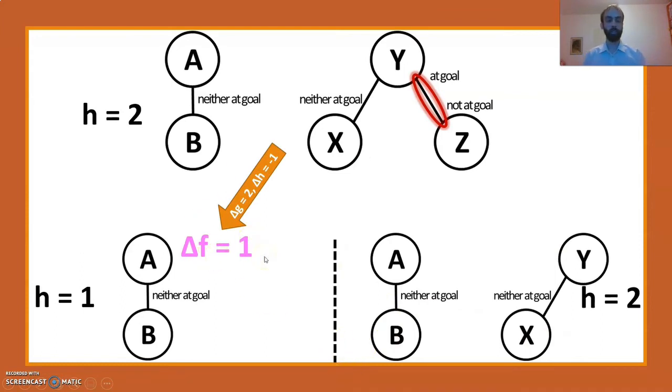In the right child node, the F value increases by 1 because the G value increased by 1 from the path of Z, and the H value stayed the same. So in total, this is what we call an F-Cardinal conflict. And regular cardinal conflicts we now call G-Cardinal conflicts. F-Cardinal conflicts guarantee that the F value of child nodes will increase.